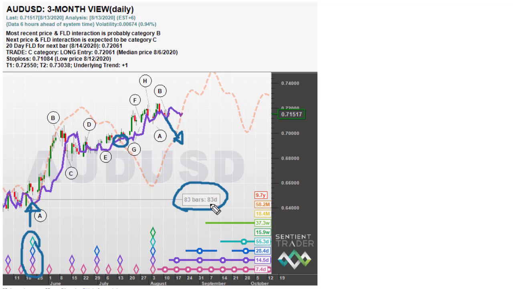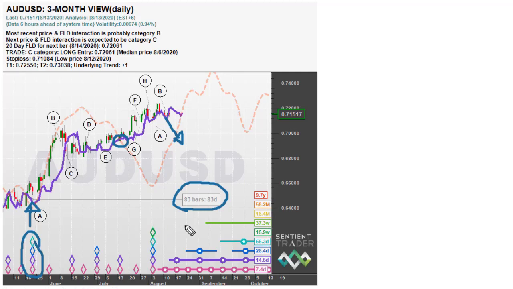If you haven't grasped those basic concepts and that confuses you, you must make sure that you cover the basic material so that you understand the concept of an average cycle length and so forth. So the average length of an 80-day cycle is 68 days, and this cycle has been running now for 83 days since the last 80-day cycle trough.